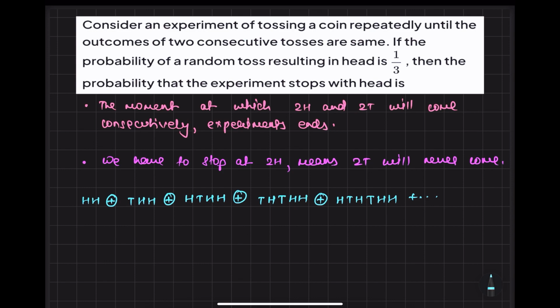Now just write down this thing in algebraic form so that you can extract some idea. So it is head square plus tail head square plus tail head cube plus tail square head cube plus tail square head power 4 and so on.